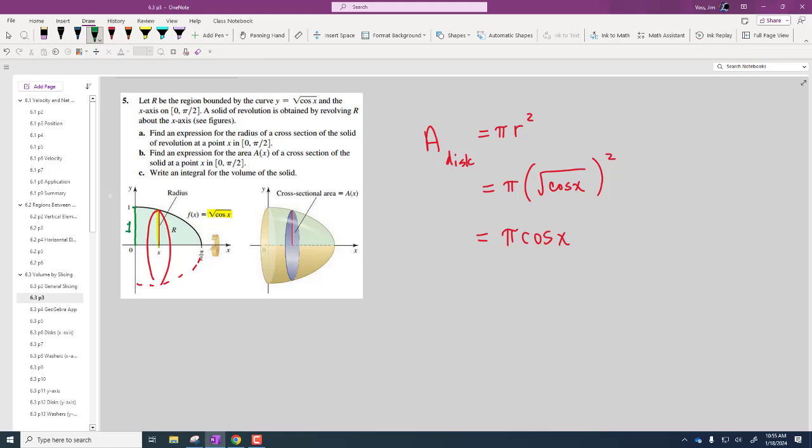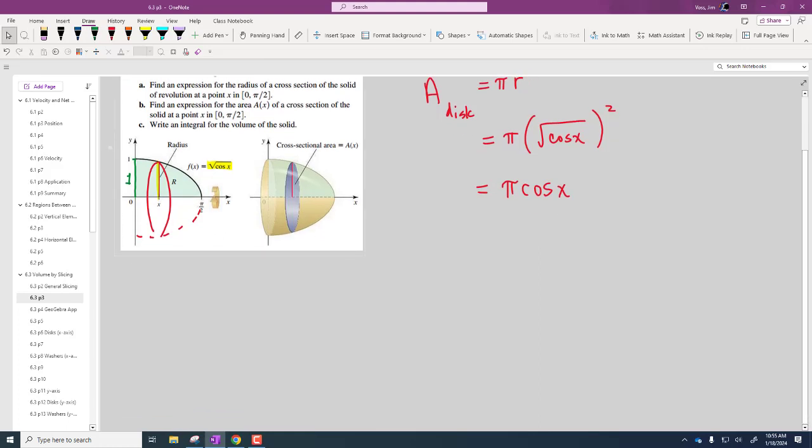So if we check both endpoints and we get the right area, then we probably created our function properly. So now, the volume of this solid is just the integral of our cross-sectional area function from 0 to pi halves. That will give us the volume of that bullet head.